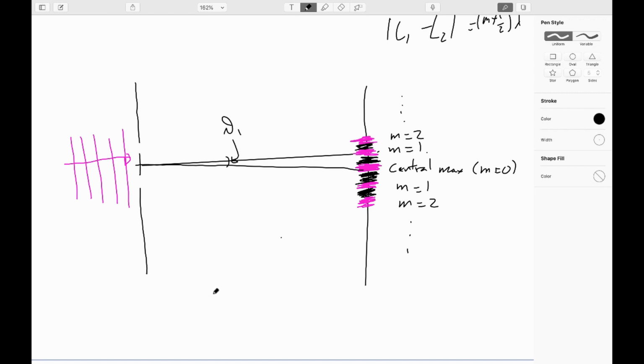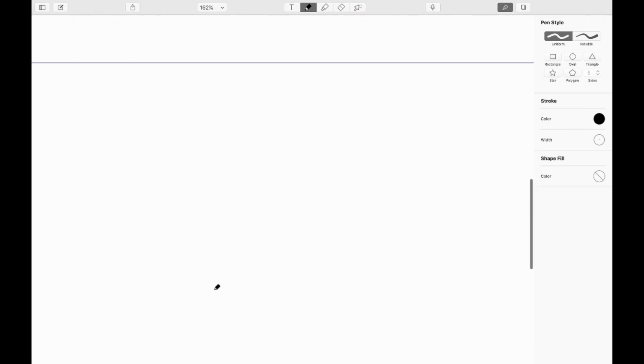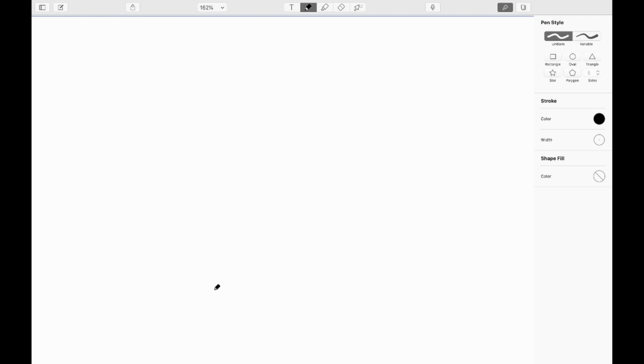So there's a trick that we can do to get to this, and it'll be impossible for me to accurately draw this to any meaningful scale. So what we're going to do is zoom in really closely on our pair of slits. And we'll go ahead and say that the separation between the slits is a distance d.